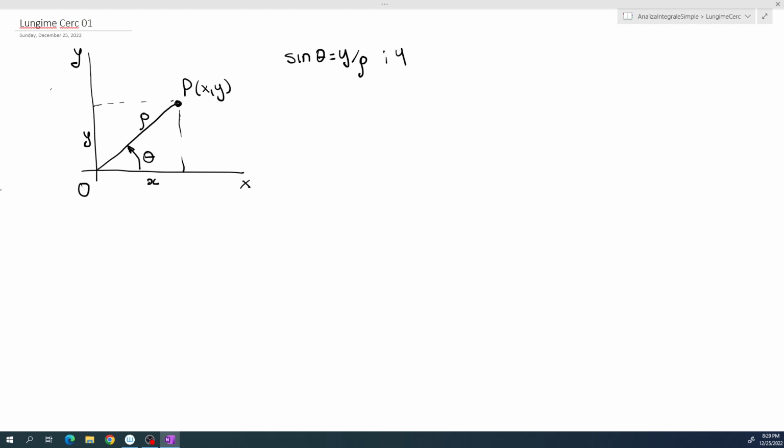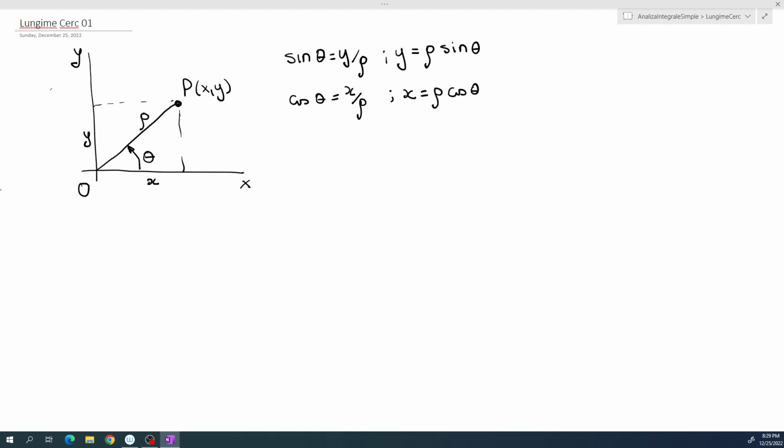Then Y is equal to rho sine of theta, and then I have cosine of theta, which is equal to X over rho, and then X is equal to rho cosine of theta.